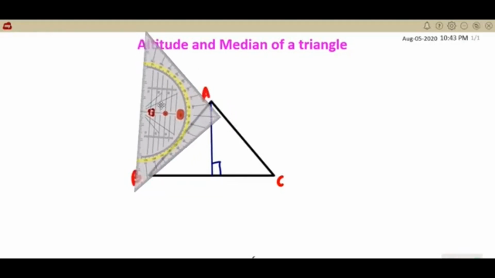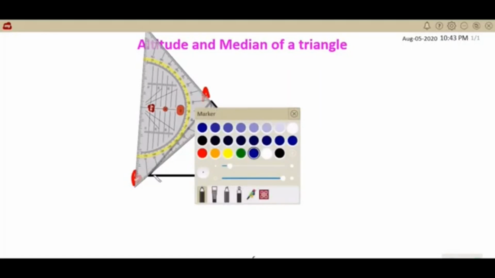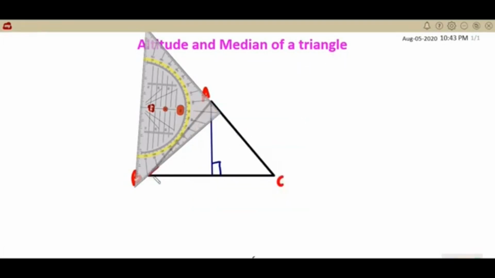Now, in order to draw from the other side, we use the same mechanism. Put the set square aligned in such a way that you can draw the altitude from side AC, and I am taking another color so that you can see it very clearly after drawing.